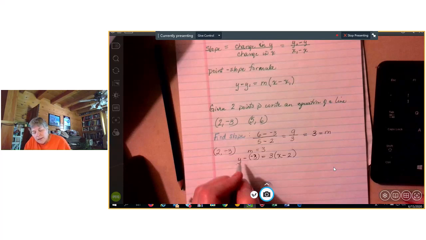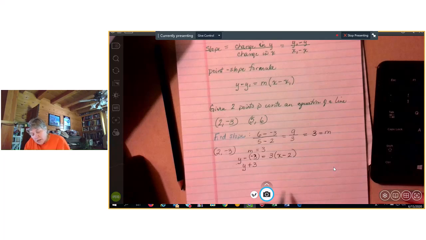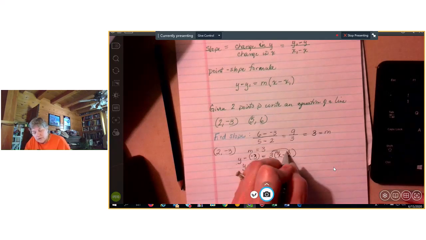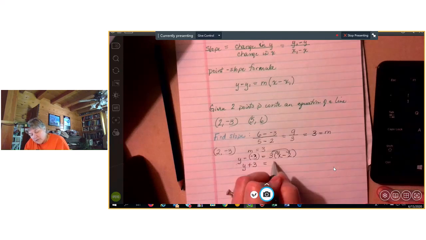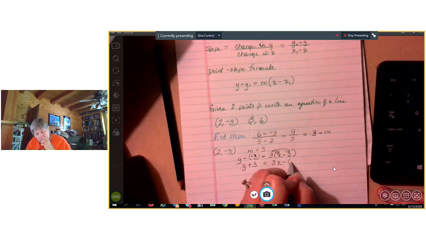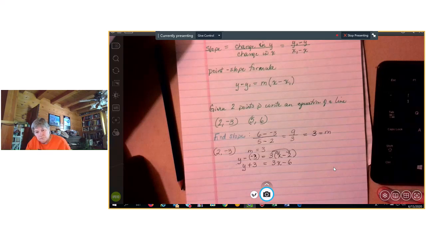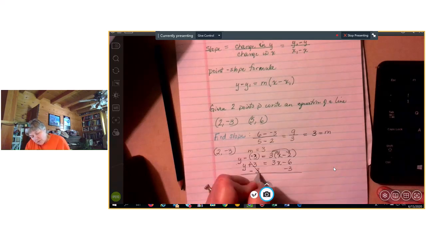So y minus a negative is going to be y plus 3 equals, and now I'm going to distribute this 3 across and have 3x minus 6. So I'm going to subtract 3 from both sides. So y is equal to 3x minus 9.